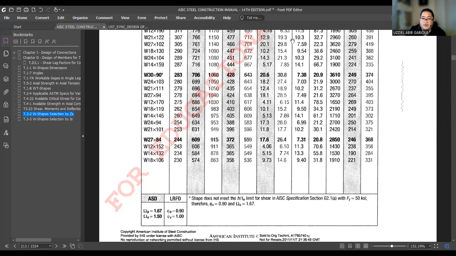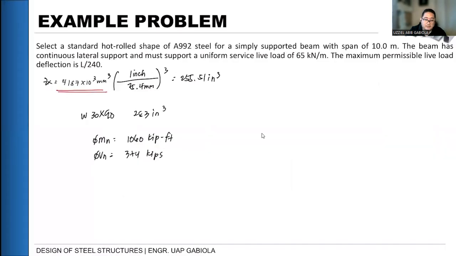Going back to our slide, these are the properties of W30 by 90.